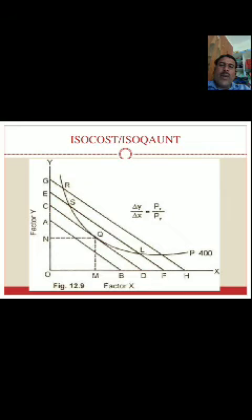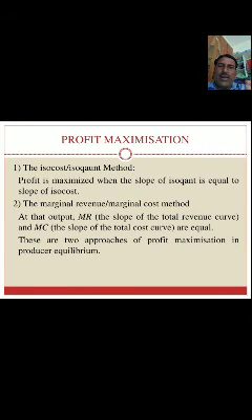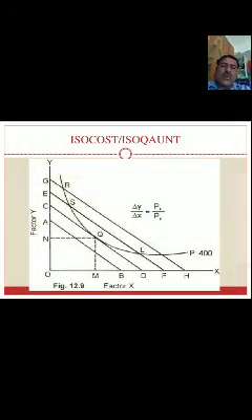Where is the equilibrium point, or profit maximization? The slope of the isocost line and the slope of the isoquant are both equal. That is called the marginal rate of substitution of labor for capital equal to price of labor by price of capital. This is the condition for the equilibrium.